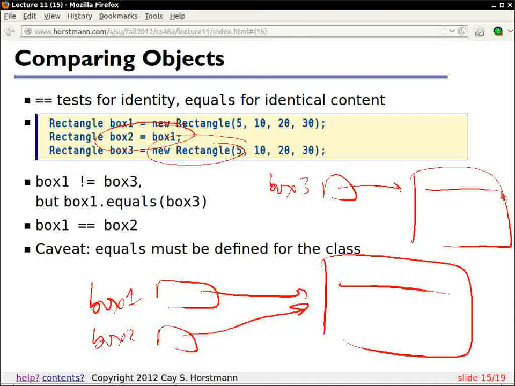They have the same numbers in them. They both have the numbers 5, 10, 20, 30 in them. So they are equal, but they are physically different objects. They're located in different places in memory, so they're not equal.